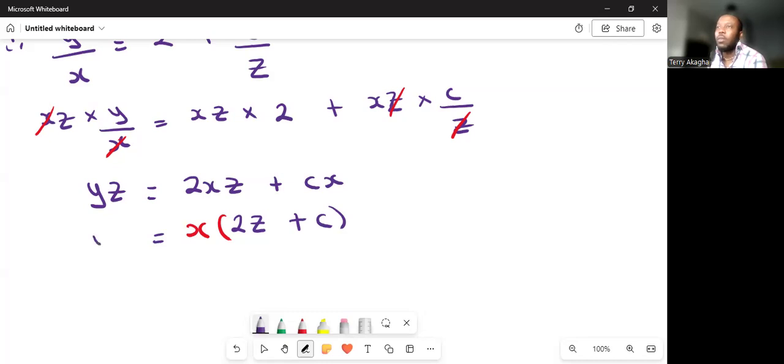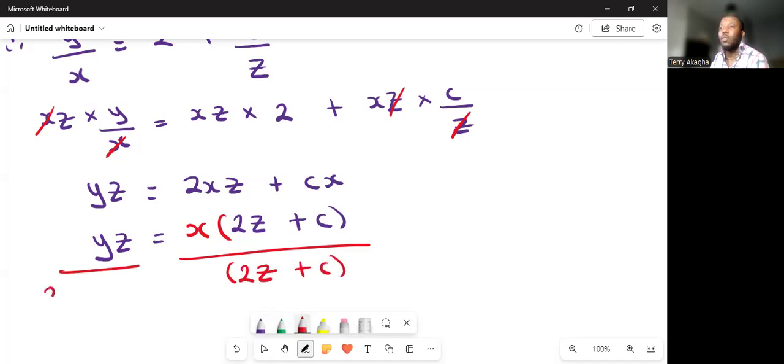That will give you YZ. Then, in order to get X on its own, I'm going to divide both sides by 2Z plus C.